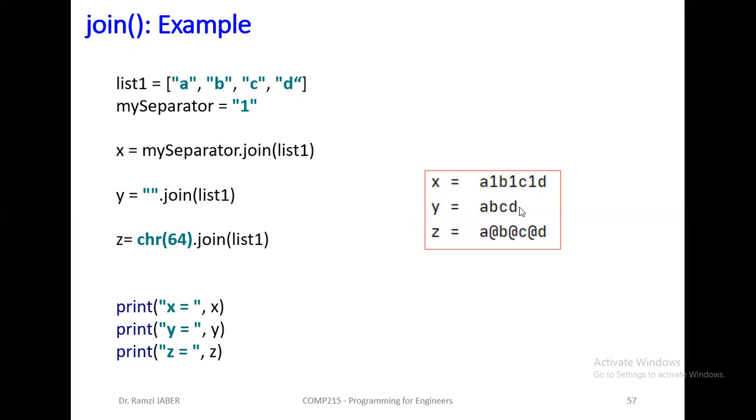Or you can use character conversion, chr(64), it's the character at. Dot join list1, so for each element, A at, B at, C at, D. So this is an example of how to use join.